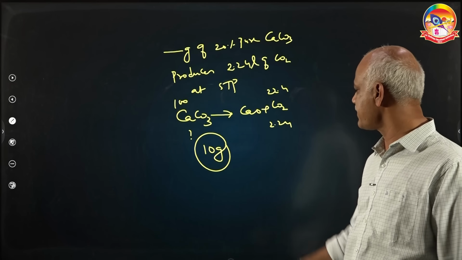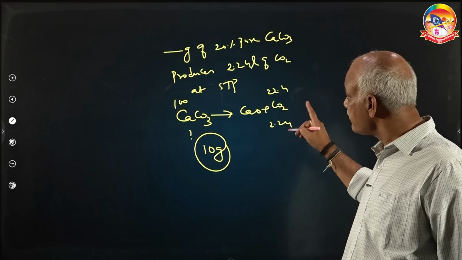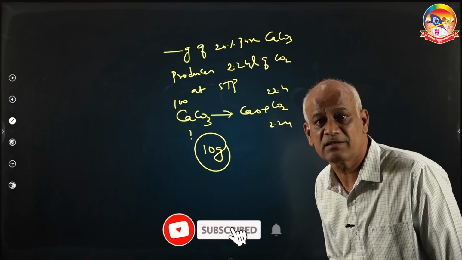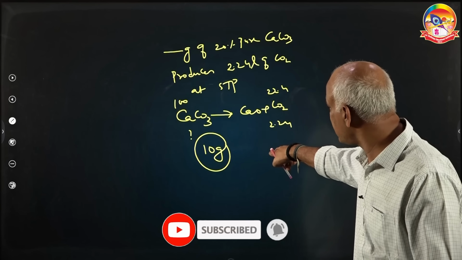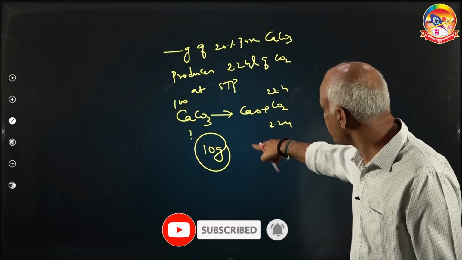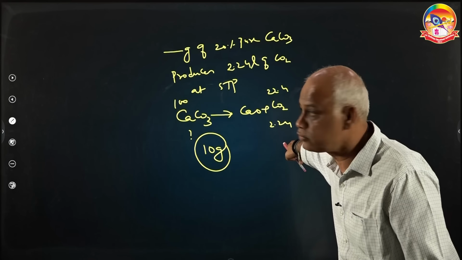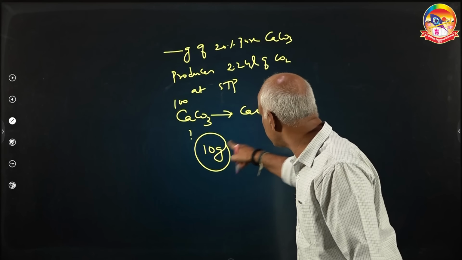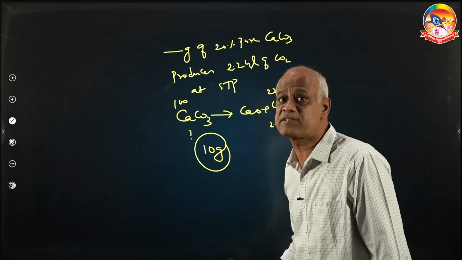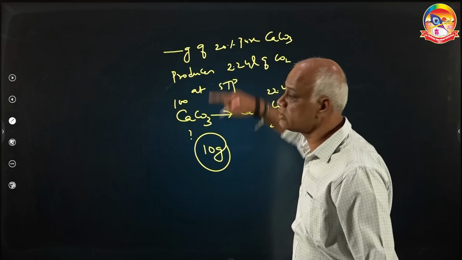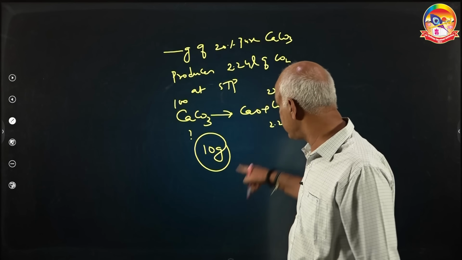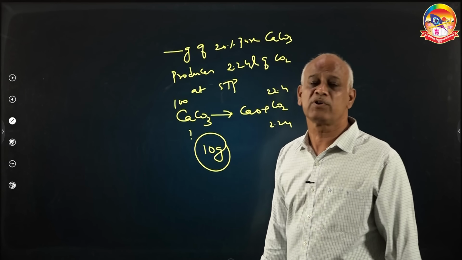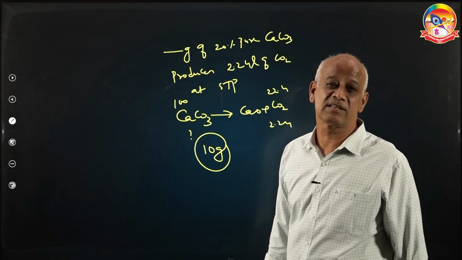This 10 grams is when it is 100% pure. But the purity is only 20%. So will it give 2.24? No, because its purity is less. The purity is less, so the carbon dioxide liberated is less.